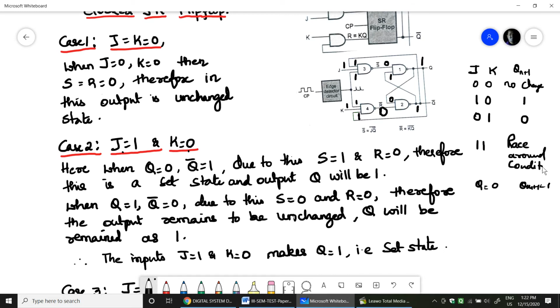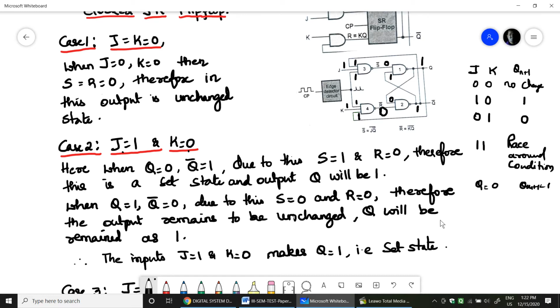Race around condition in the sense the delay between each state is very less, so that the bit sequences, whatever the next state that it shows as an output, it toggles so fast that you will not be able to see whether the output is 1 or whether the output is 0. So that is what race around condition, it toggles so fast.